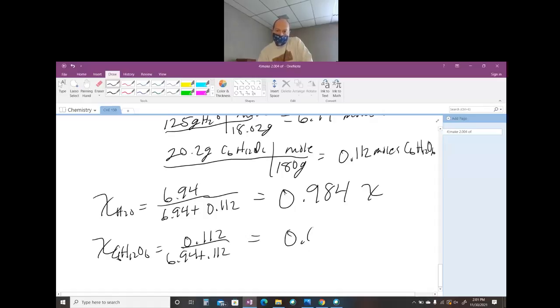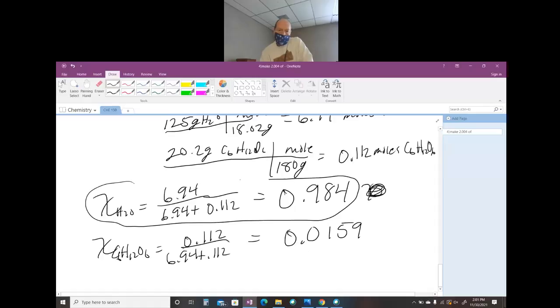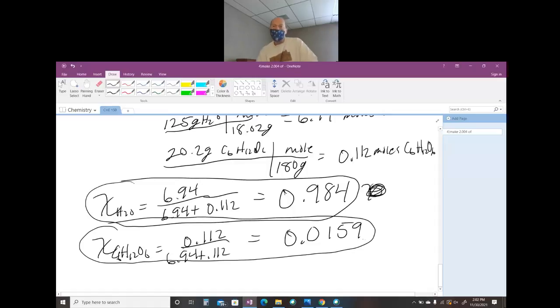That gives me 0.0159 for the mole fraction. So the mole fraction of water is 0.984, and the mole fraction of glucose is 0.0159. When you add that up, it has to add up to 1. With sig figs it is 0.999, a bunch of 9s, which would round to 1.